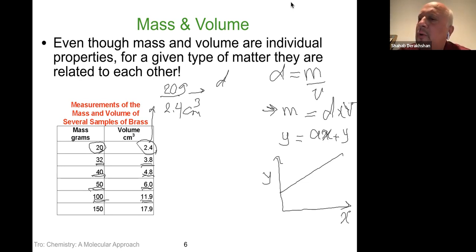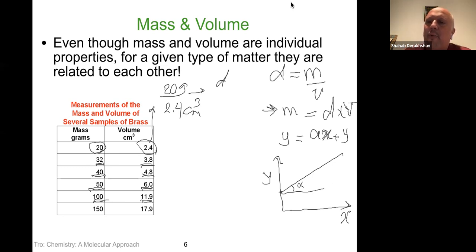For those who already know trigonometry, they know the angle of this is alpha, and tangent alpha is equal to a. But for us who don't know trigonometry, we already know that slope is rise over run.